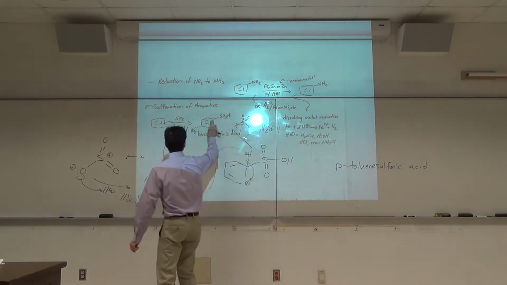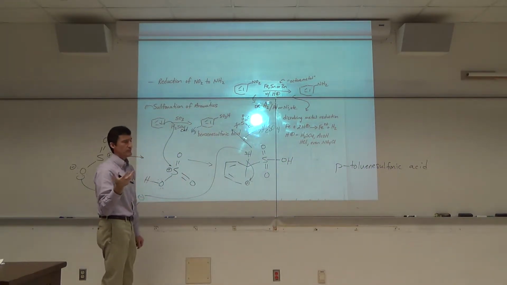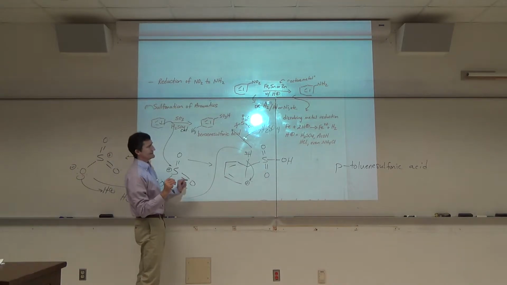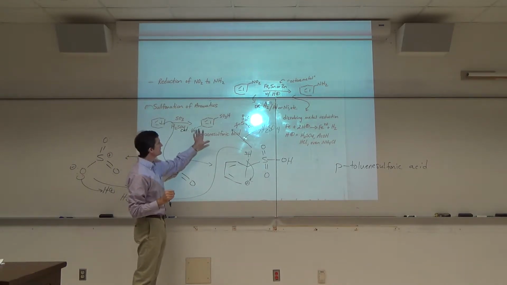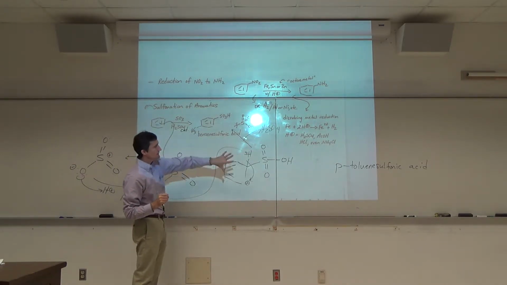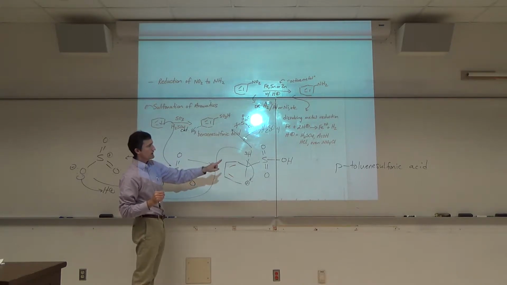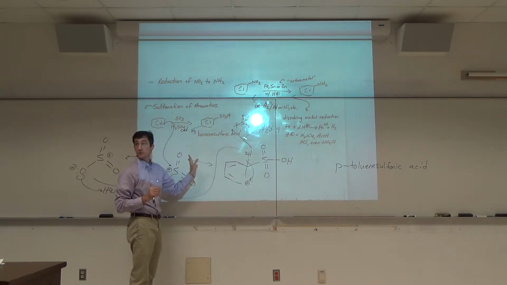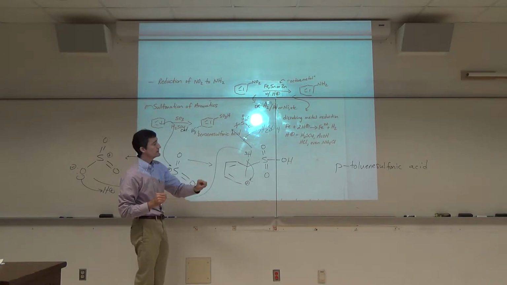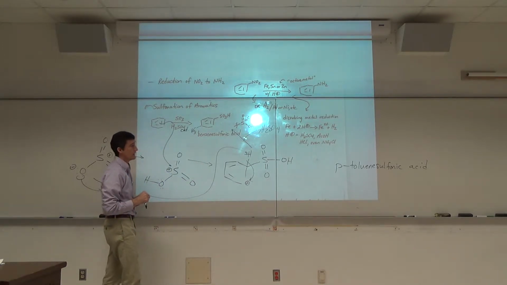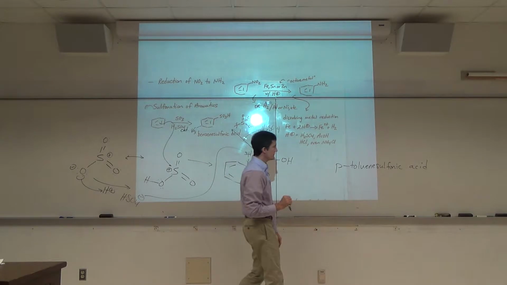Does that sound right? It's kind of a blend name. It's not really named as a toluene; you could call it para-methyl benzene sulfonic acid. So it's sort of a blended name.